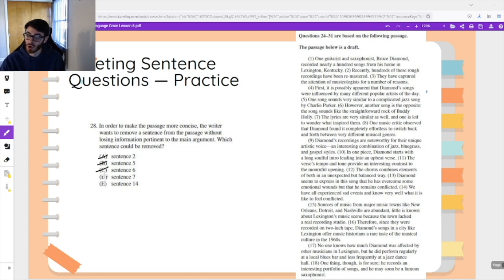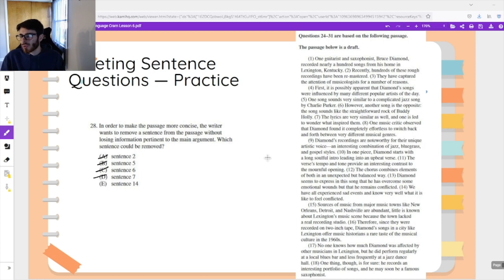However, I really don't want to because it's commentary, right? Commentary is important. So if sentence 14 is really important, then I think D is probably the answer. But as of right now, I'm going to go ahead and say, even without reading it yet, sentence 14 is probably the correct answer, and we can find out for sure when we get there.